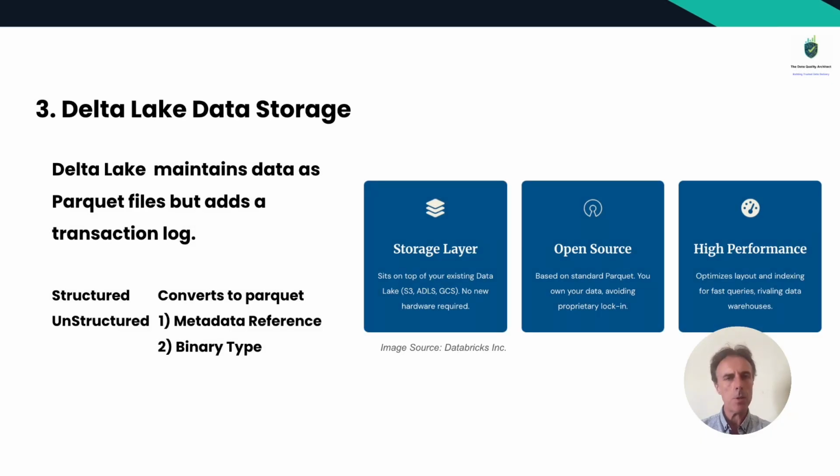So again, Delta Lake is an open source storage layer that brings reliability to data lakes. It does this by converting and maintaining data as Parquet files with their columnar performance benefits, but also adds a transaction log into a hidden folder, underscore delta underscore log. The conversion is different between supported structured and unstructured files.